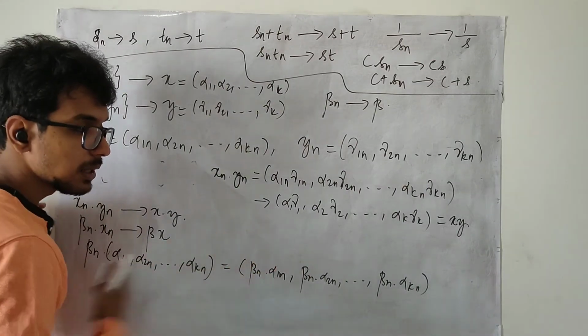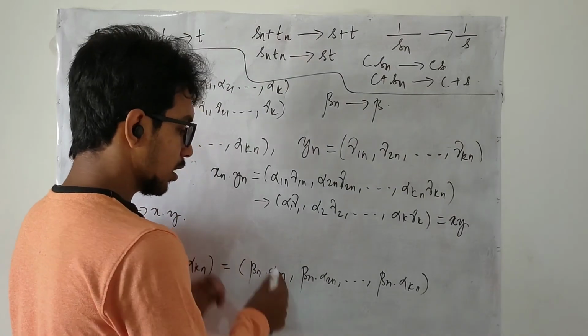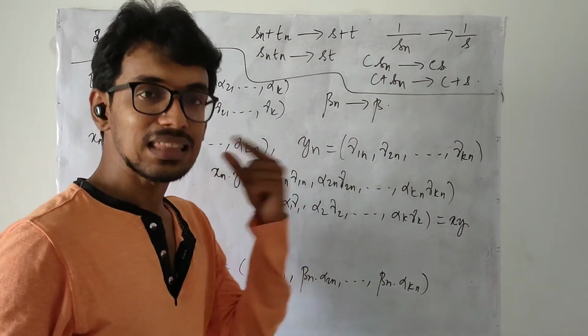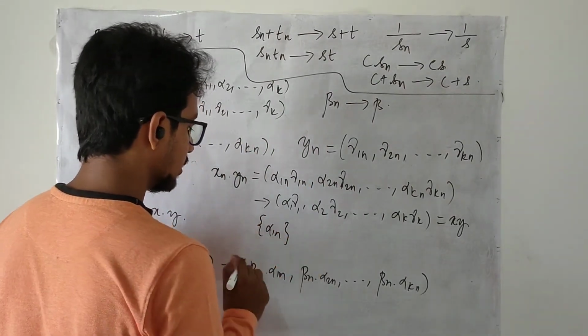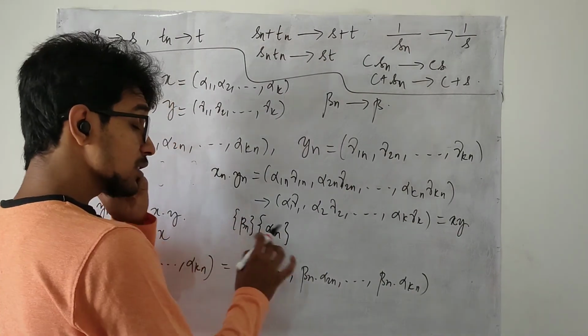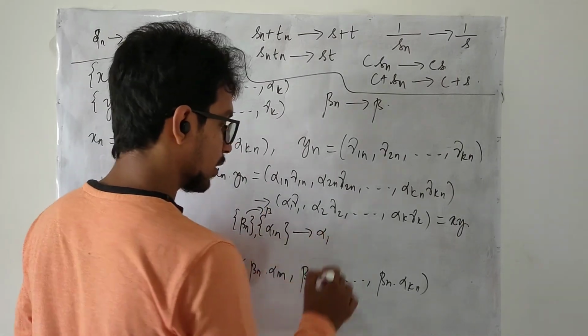So the scalar multiplication has to take place, and you may notice that this is some real quantity, which is the nth element of the sequence alpha 1n, and this is the nth element of the sequence beta n. These two are real sequences which converge to alpha 1 and beta respectively.